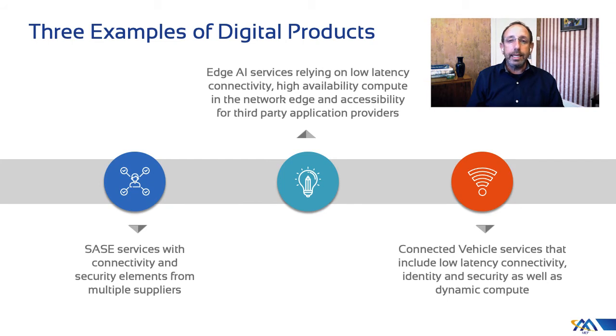The first one is SASE managed services. MEF right now is defining SASE managed services, which enterprises will be ordering from their service provider, managed SASE services, which are essentially a combination of security functions, connectivity, and policy.